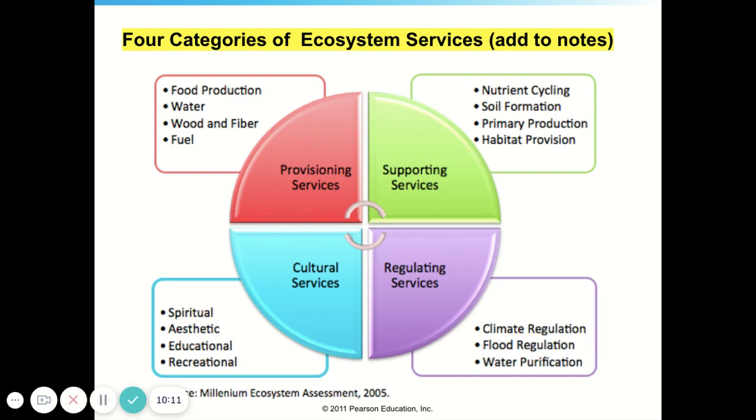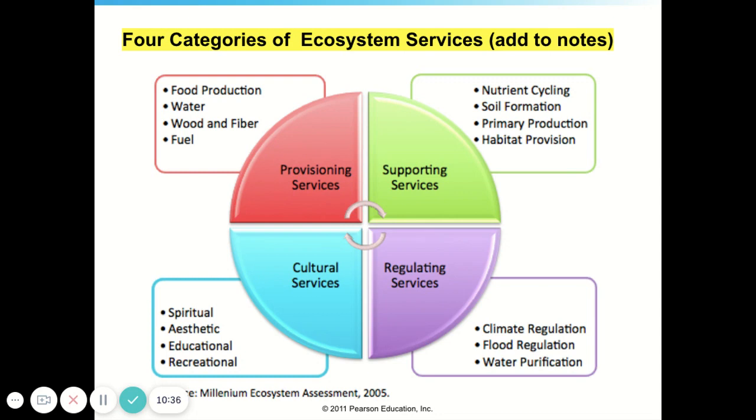Next, we have regulating services, which are services that ecosystems provide by acting as regulators. So those would include climate regulation, flood regulation, such as wetlands acting as a barrier to prevent flooding, and water purification, such as when water trickles down, percolates through the soil into groundwater and is purified.